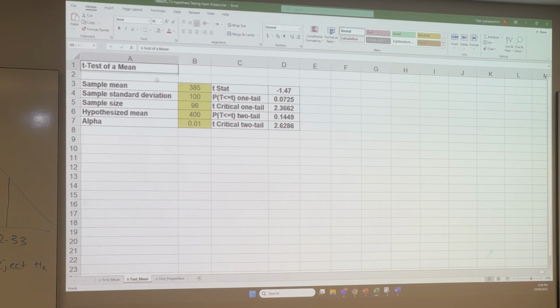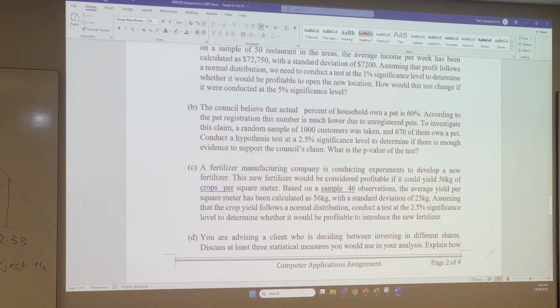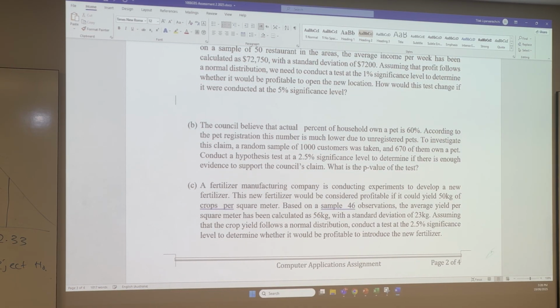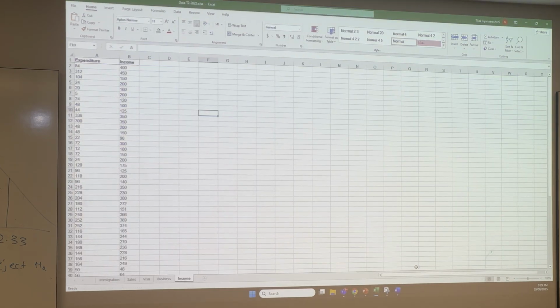Copy this as a picture, that's the best way. And where's the hypothesis testing question? That's it, like that.